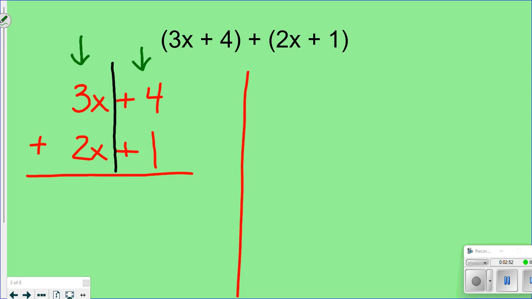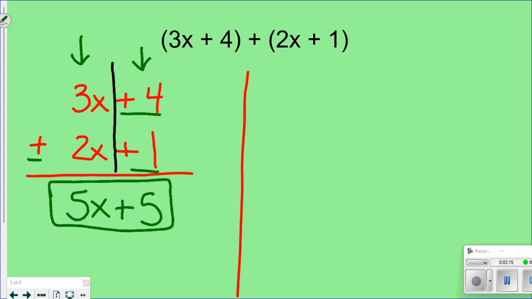The columns are separate, so there's no regrouping or putting one up top. If you get one bigger than 10, they're completely separate. So it's basically doing two problems in one. So for example, we're going to do 4 plus 1. 4 plus 1 is a positive 5. And then I have 3x plus 2x, I have 5x. And this would be your answer. Today you can't go any farther because again, we don't know what x is.